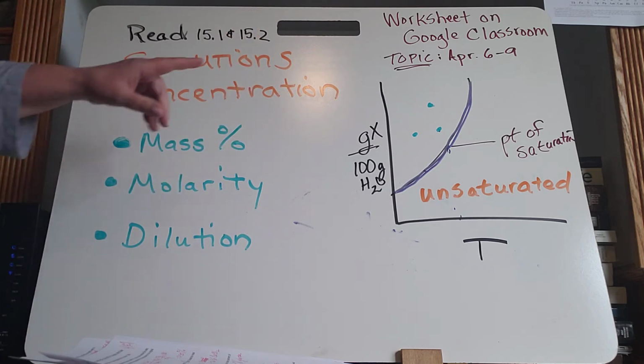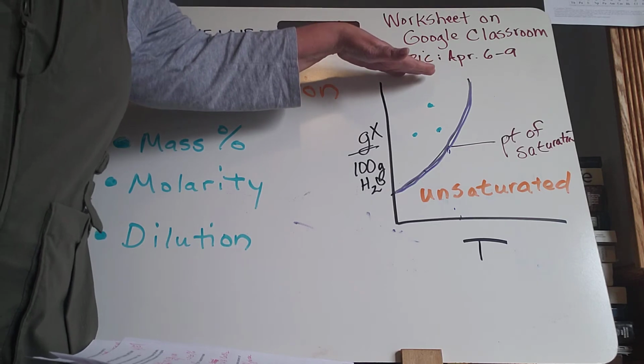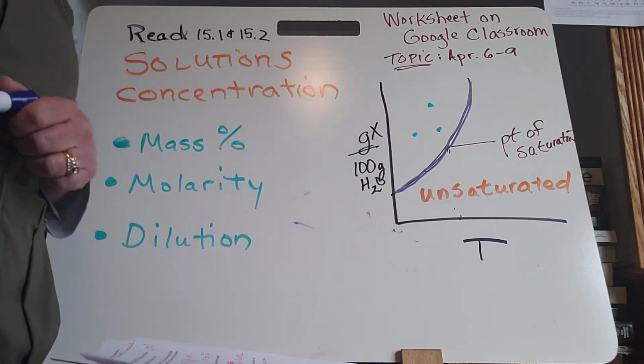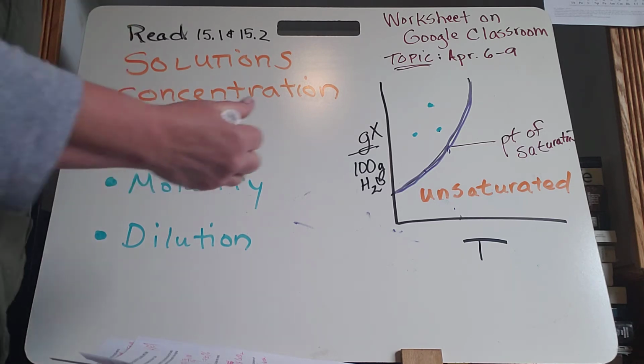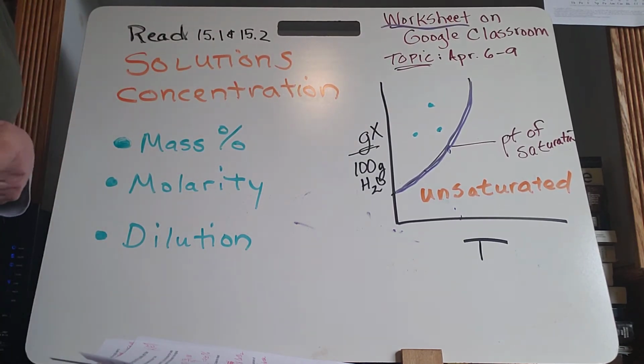This week's topic on Google Classroom, I have it as April 6 through 9. Notice that we're not in school on Friday, so your exit ticket will be due on Thursday from noon to 4. For this video I'm making, the worksheet is on Google Classroom.